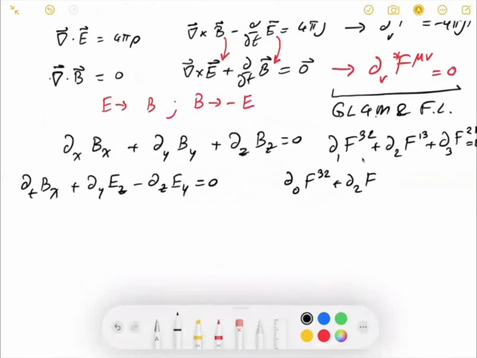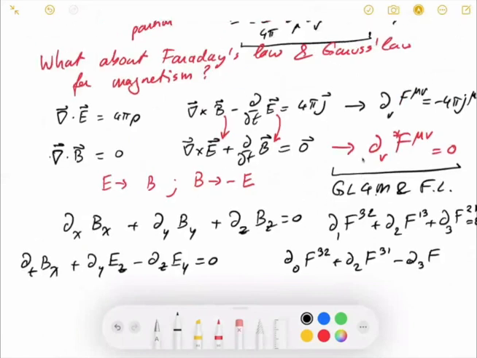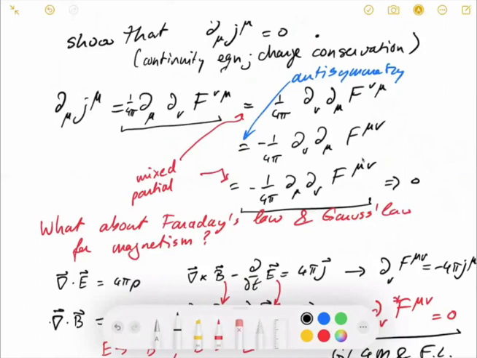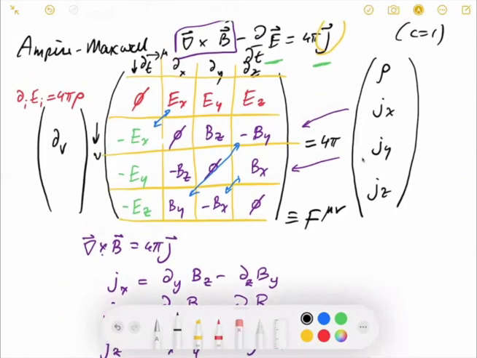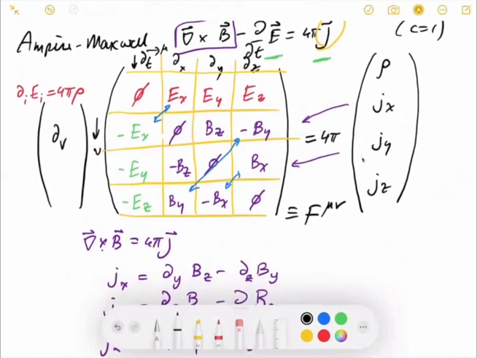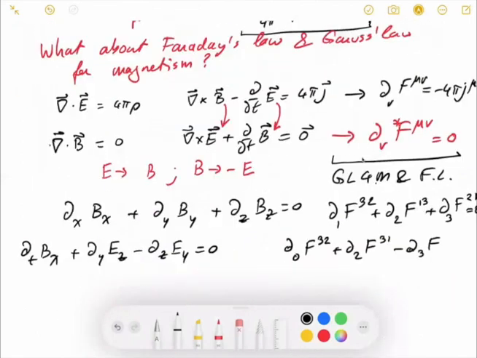That's F 3, 1 plus, oh, sorry, minus del. Now z is del 3 F Ey, 2, 0.